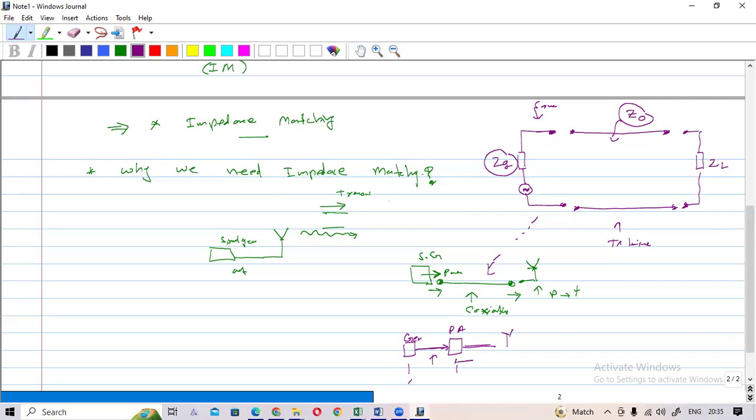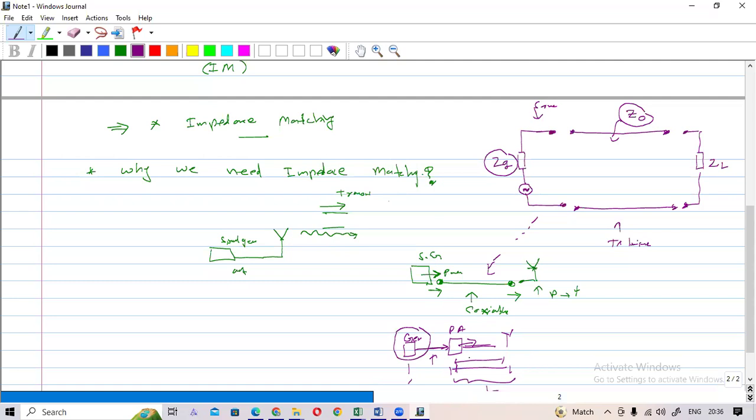If you consider this communication system, this is the generator because it emits the signal. Actually, it is not a generator, it is a power amplifier. But if you consider this specific section, this acts as the generator because it is the signal source. If you consider the overall part, actually this is the signal generator.